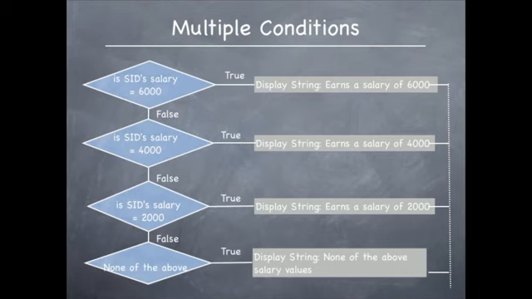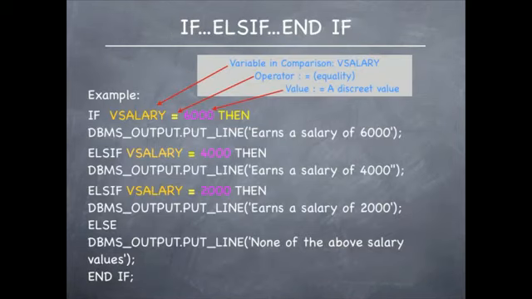If it is false, you want to proceed to perform the next check, which is to see if Sid's salary is 2,000. If it is true, the string to display is earns a salary of 2,000. If it is false, you want to perform an action which is based on the fact that none of the conditions were true, which is to display the string none of the above salary values.